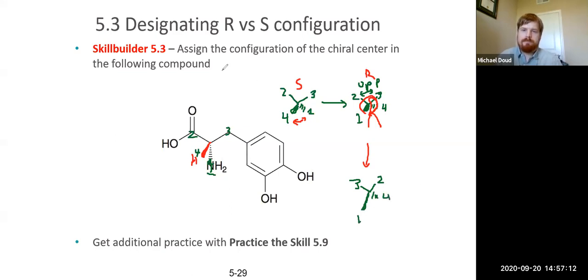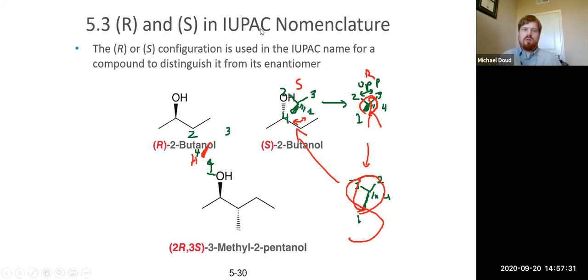Okay. So now we go 1, 2, 3 like this. And when I do this now, all of a sudden that is counterclockwise, and that is like the top half of an S. So we know that that matches up to our original molecule here, S. Okay, so that's how you do that.